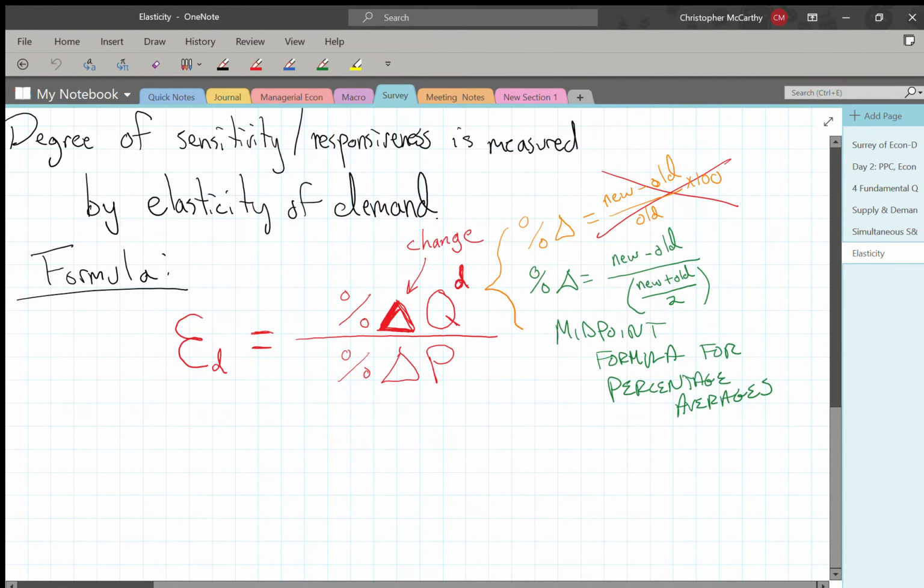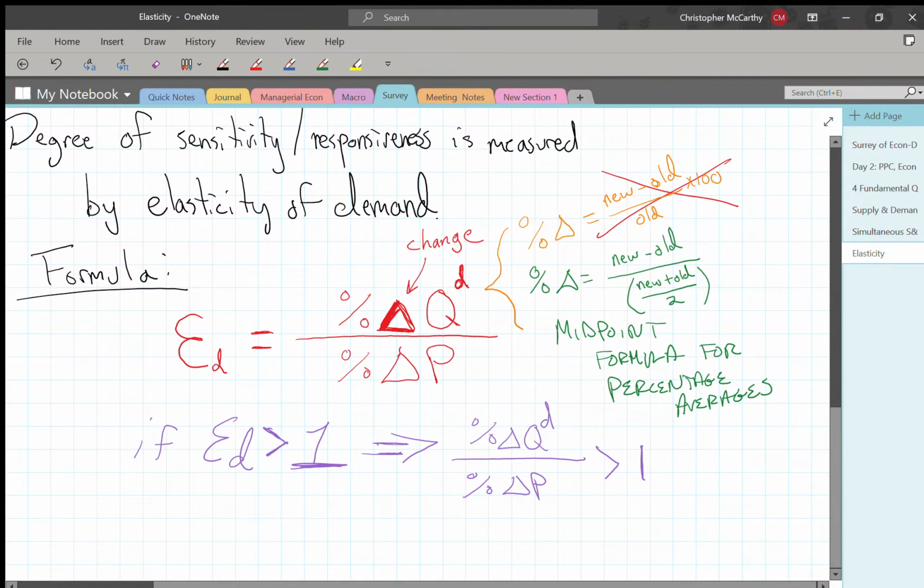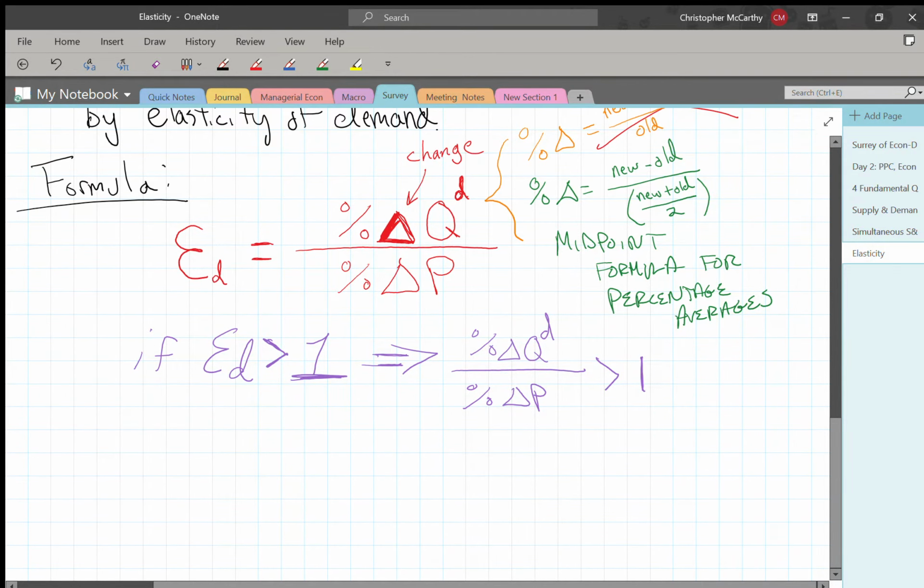So let's think about what does it mean if this value is greater than 1. What's that mean? So let's unpack this formula. That means that the percentage change in the quantity demanded divided by the percentage change in the price is greater than 1. Another way that we can restate this, right?